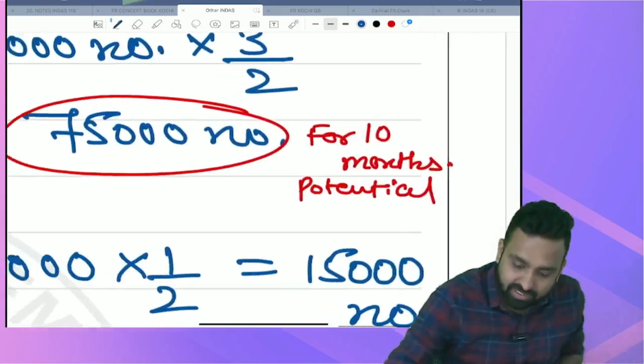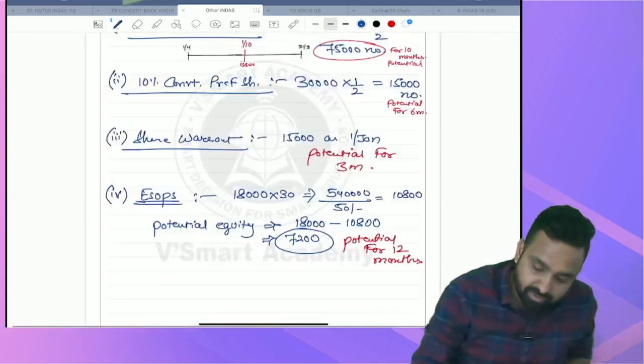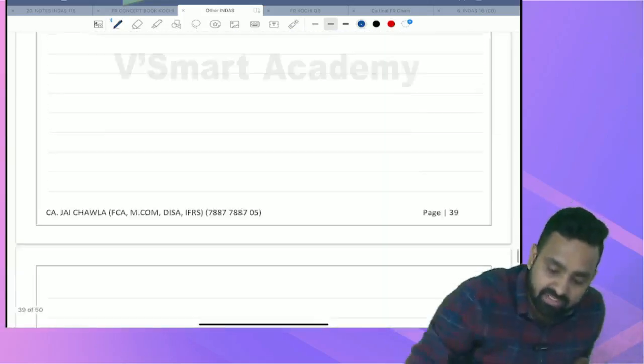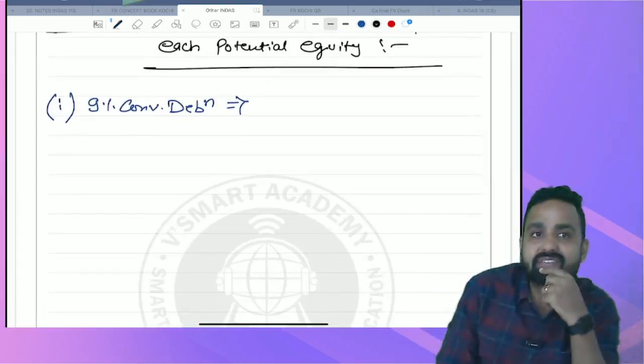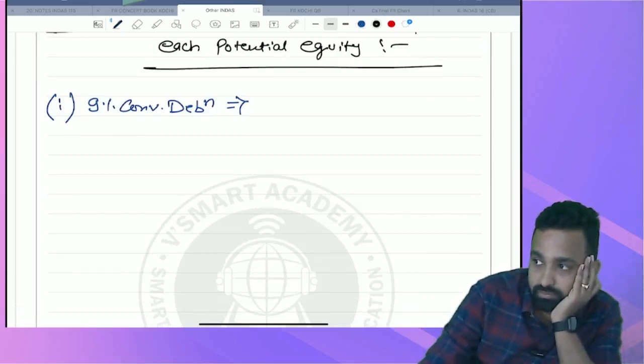Hey yaar, see this. They are 10 months potential now. So calculate the 10 months interest. Suppose they could have converted in the beginning only, how much interest saving would be there? Interest saving, numerator, interest saving.